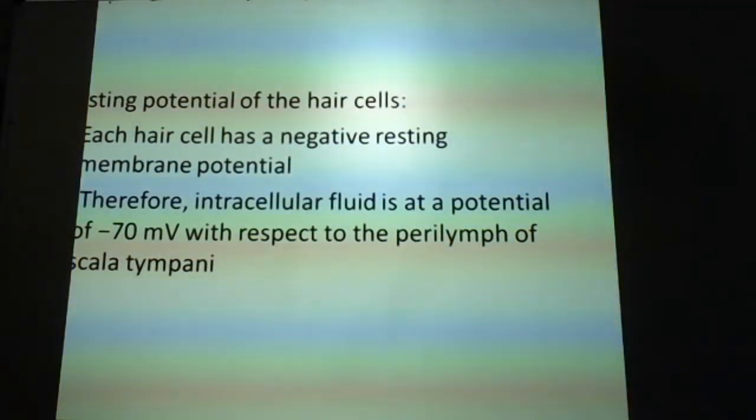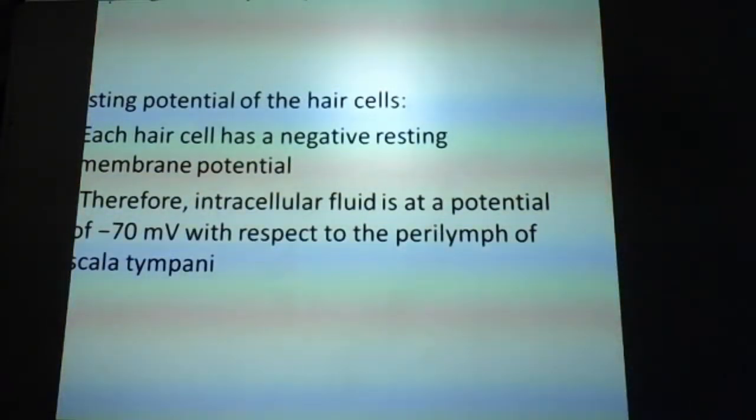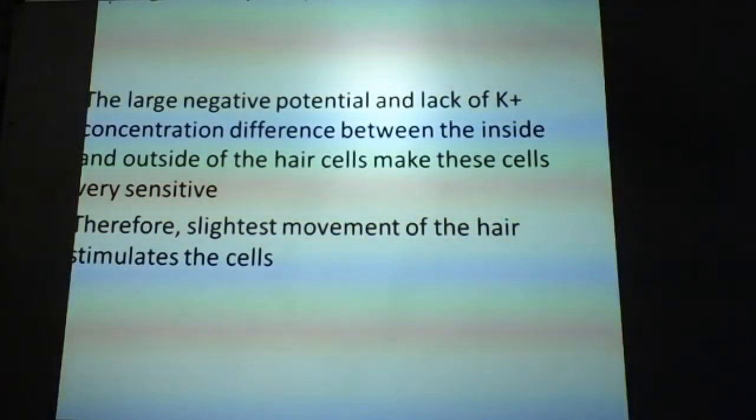This large negative potential and the lack of potassium concentration difference between inside and outside the hair cells make them very sensitive.